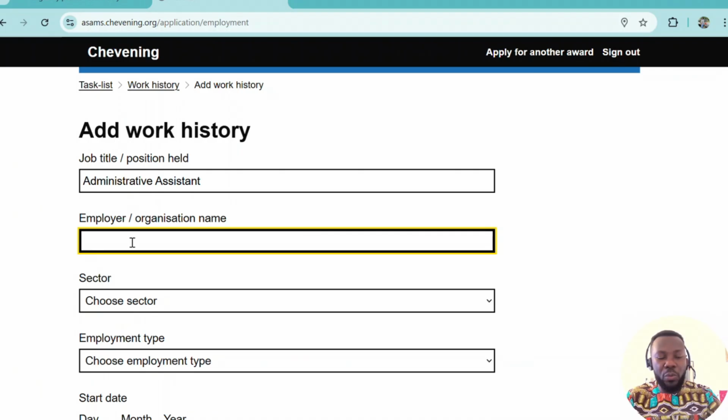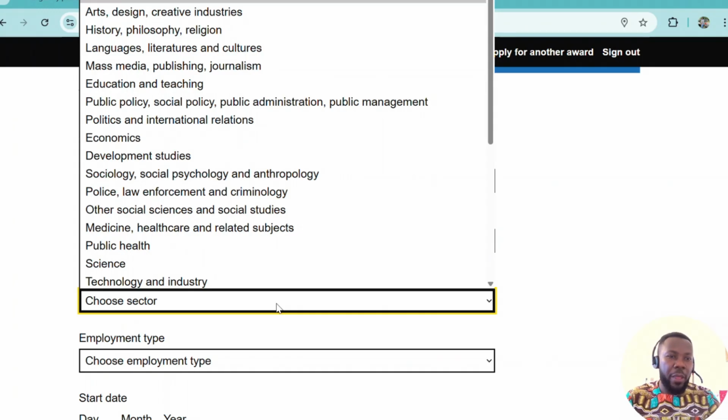Who was the employer? Ghana Cocoa. Sector, let me see. It's government policy.